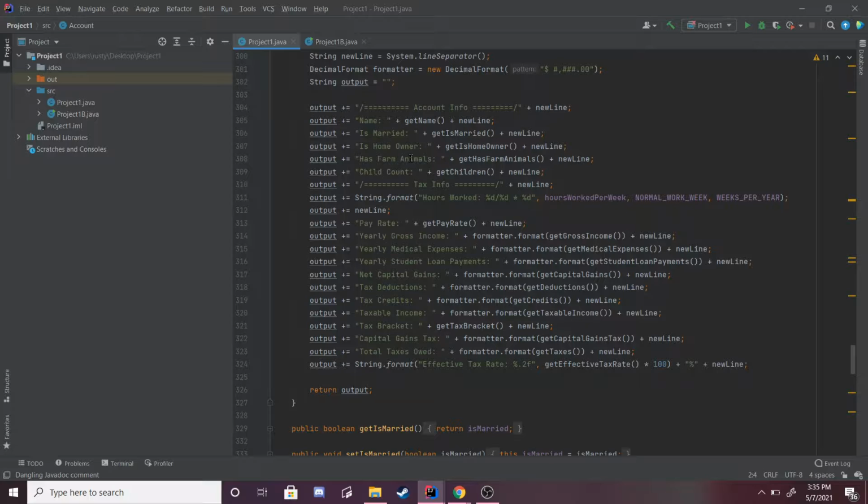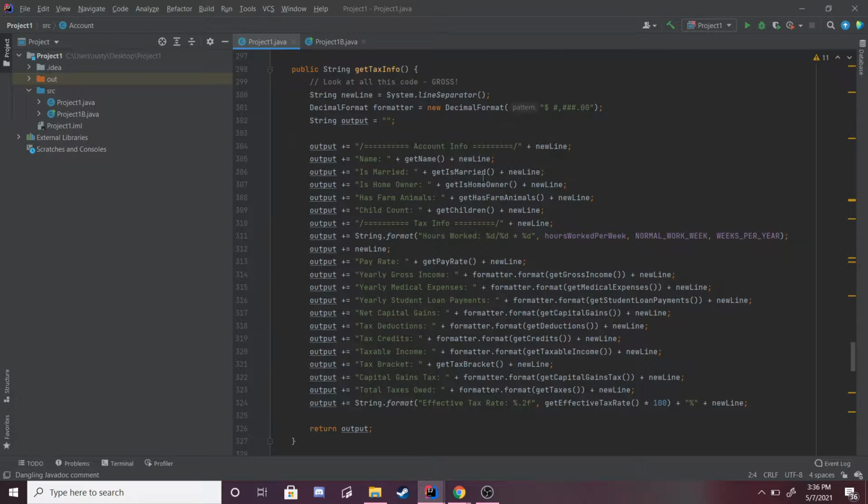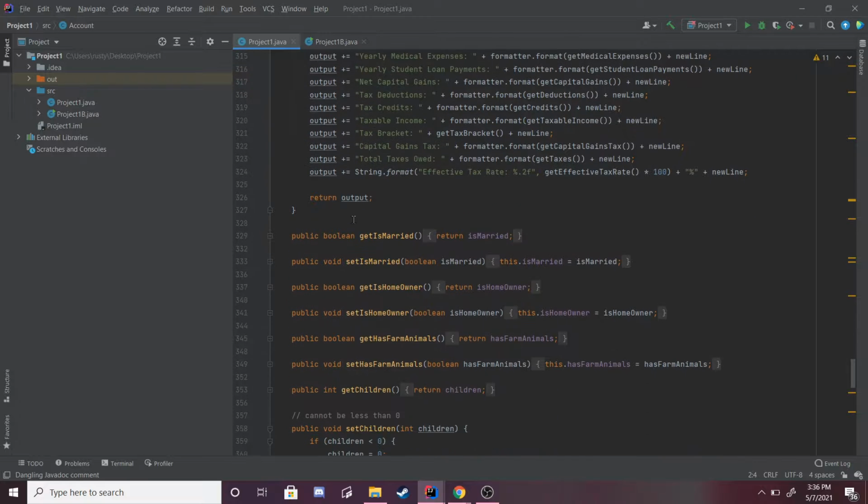Account info, name, is married, homeowner, has farm animals, child count, tax info, hours worked, pay rate, yearly gross income, yearly medical expenses, student loans, net capital gains, tax deductions, tax credits, taxable income, tax brackets, capital gains tax, total tax owed, effective tax rate. And each of these is gotten by these getters. And this returns the output.